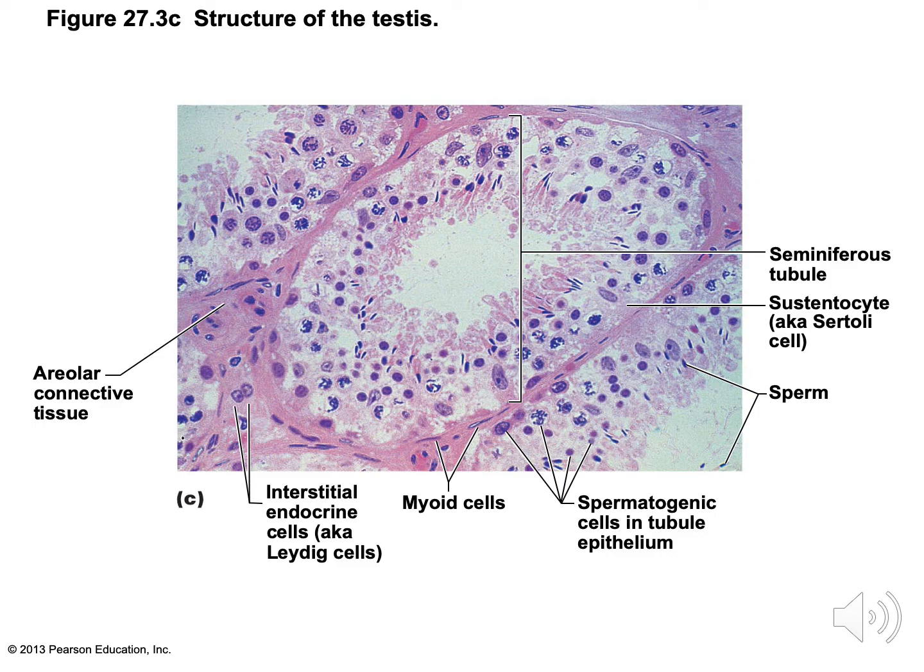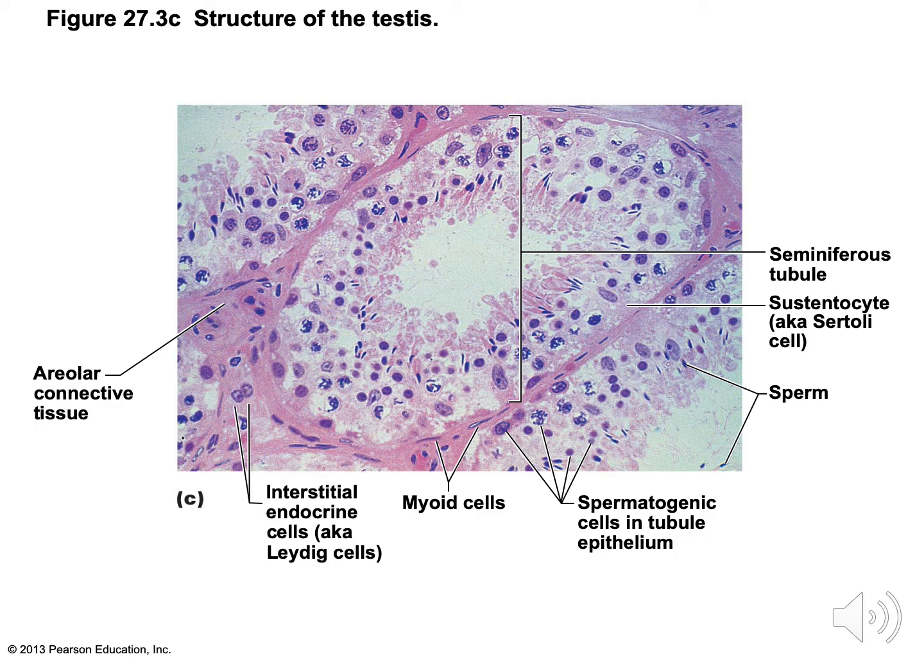We're going to come back to those in a little bit, talk about the Sertoli and the Leydig cells a little bit more and what their roles are. But those are the cells that are within the seminiferous tubules, the spermatogenic cells and the Sertoli cells.